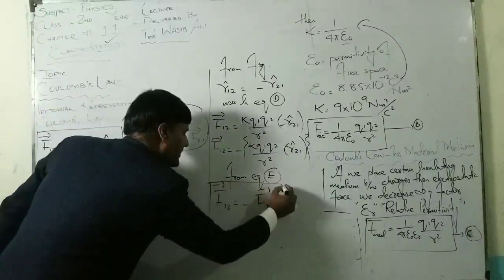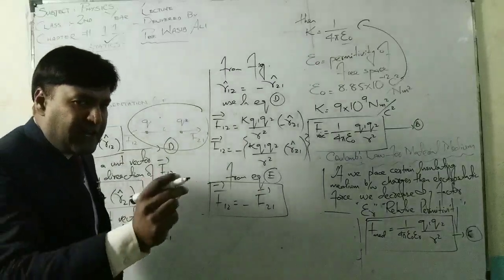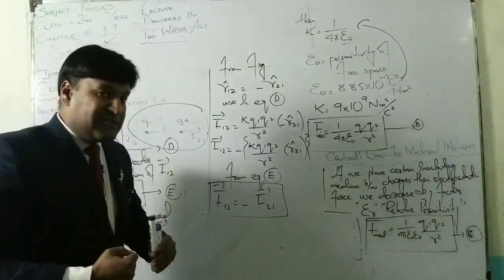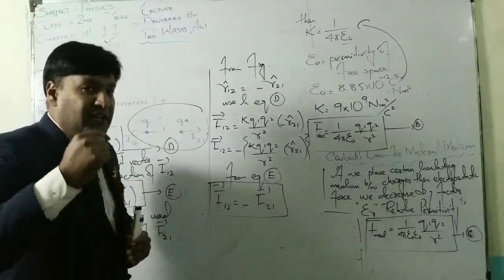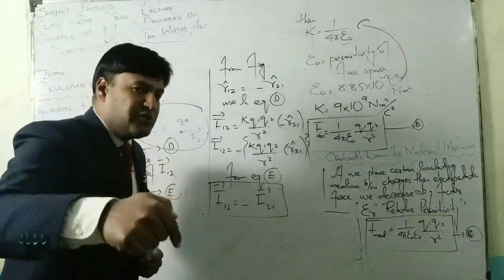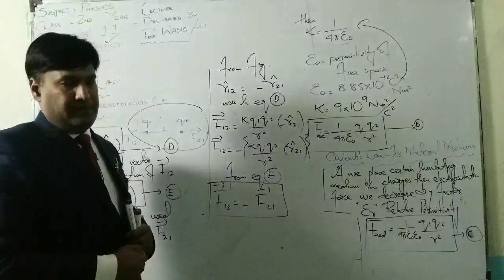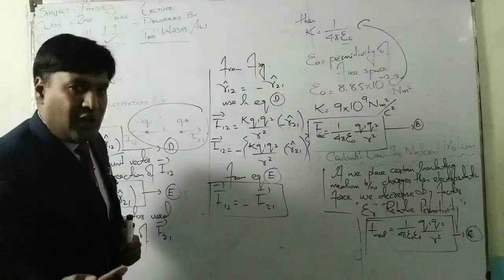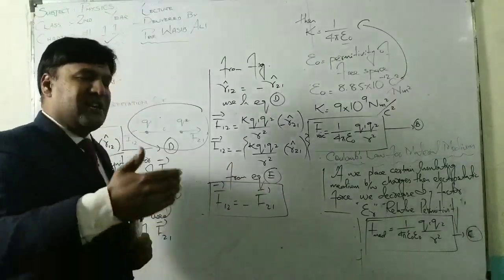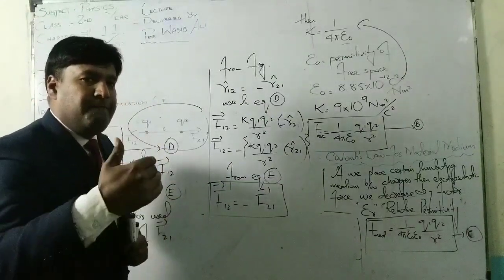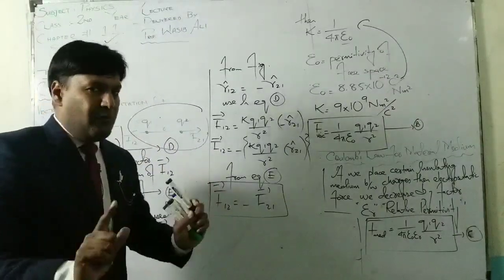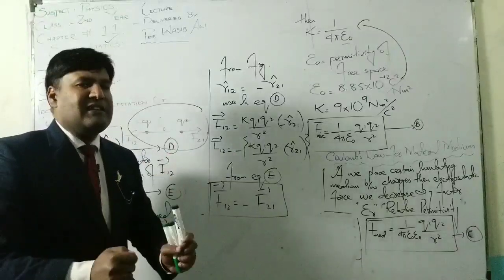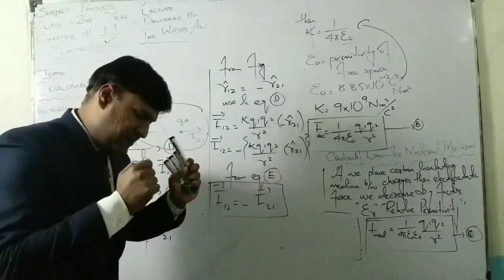So we have concluded a very important point: attractive or repulsive forces between the charges are equal in magnitude but opposite in direction. Their magnitude remains the same, but their direction is opposite. Whether the charges are positive, negative, or any combination, the magnitudes of the forces are always equal and all the time they are opposite in direction.